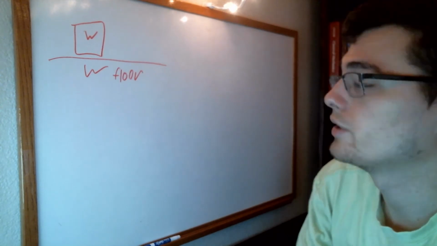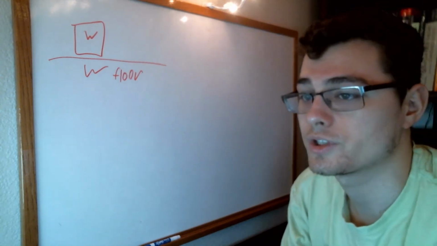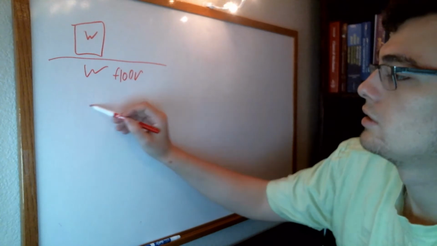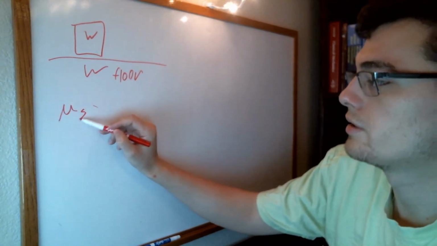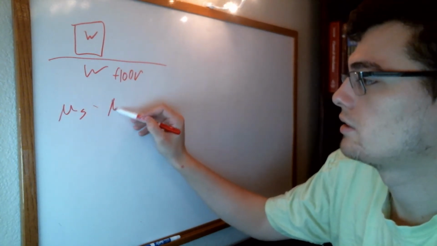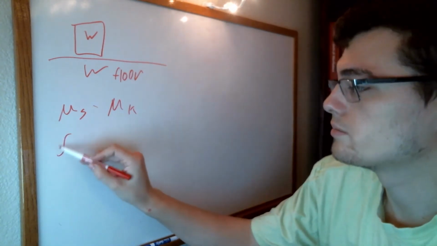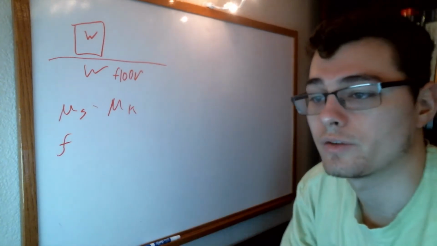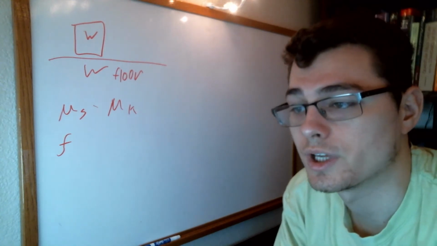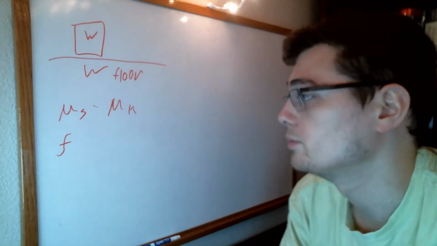And we know that the coefficients of static friction, mu s and mu k, we know those two. So first off, we have to find the maximum force in newtons you can exert horizontally on a crate without moving it.